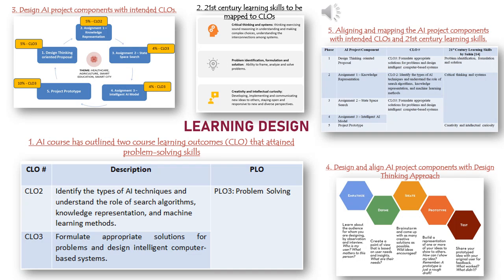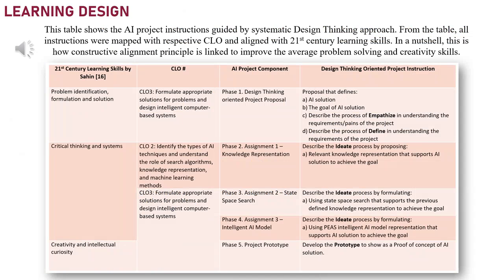Thirdly, the AI project component is designed with the intended course learning outcomes. Fourthly, design and align the AI project components with the design thinking approach. And fifthly, aligning and mapping the AI project components with the intended course learning outcomes and 21st century learning skills.